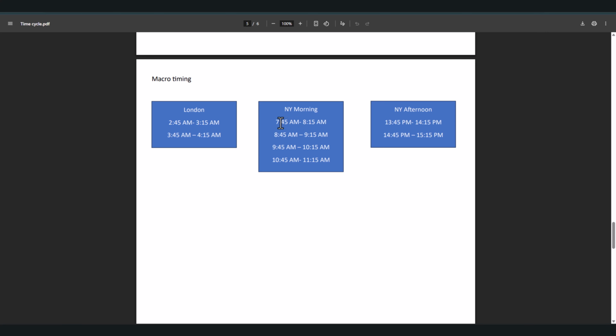For New York morning, 7:45 to 8:15, 8:45 to 9:15, 9:45 to 10:15, 10:45 to 11:15 am. And New York PM, 1:45 pm to 2:15 pm, 2:45 pm to 3:15 pm. Entry must be placed during this timing, not outside this timing.